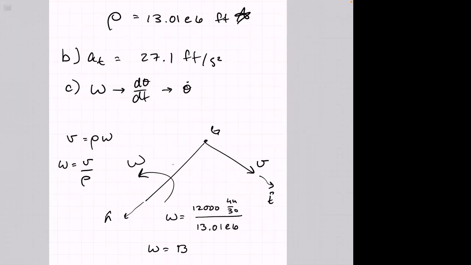And this is going to be pretty small: 13.53 e to the -4 radians per second.